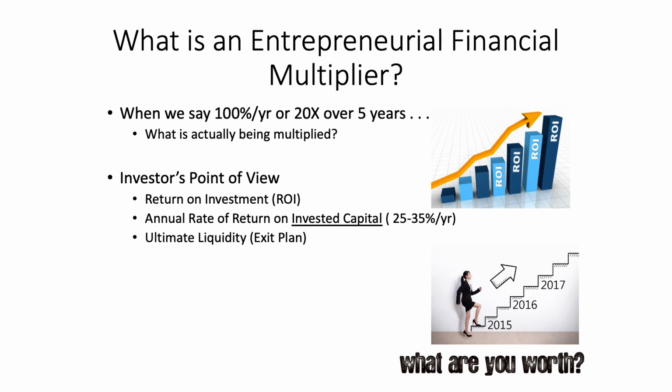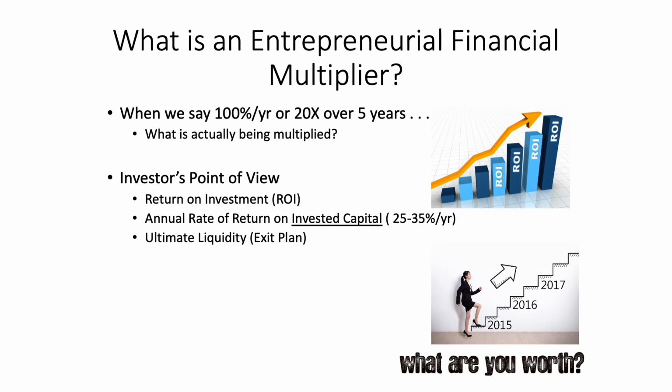Now, normally the investor will put their capital in not expecting to see a return for many years. A startup company will not generate dividends for many years until the company is very mature, and maybe not even ever. But there's going to be some way that the investor can measure what their return on investment is.